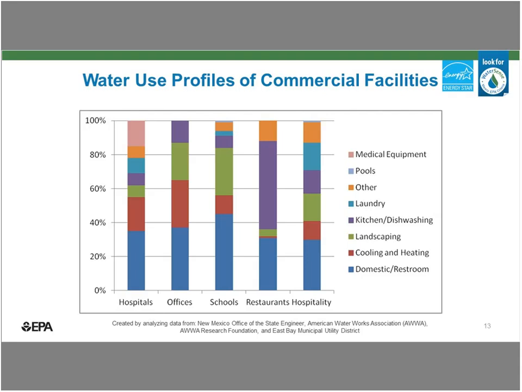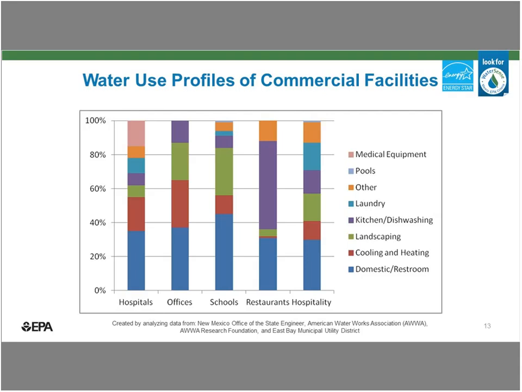So as you can see here, though, there's some themes across the board. At the bottom in the blue is the restroom water usage, which is pretty standard, around 30 to 40% of water use with almost every building type. So it can be a really good place to target to get water savings. And then the next one is usually cooling and heating, or HVAC systems, and those are generally about 30% of water use.